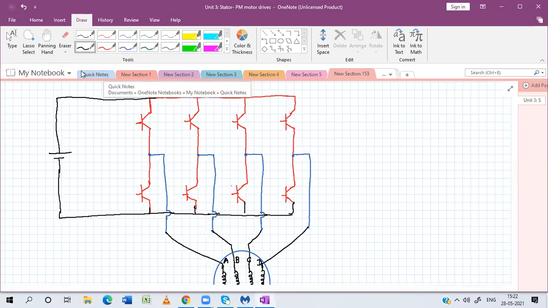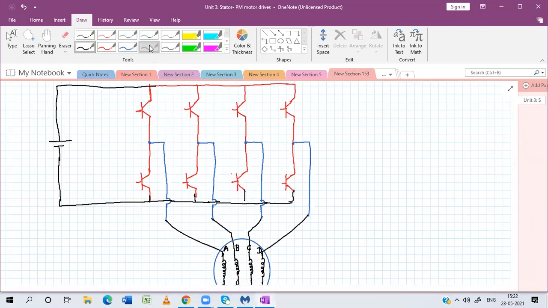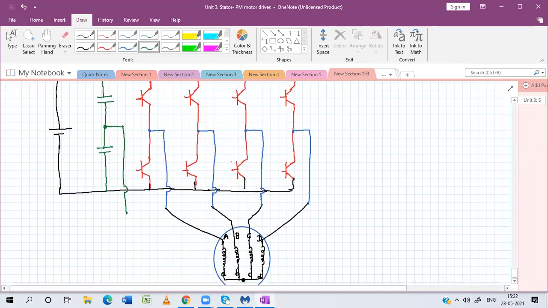And it is a split capacitor. So what we will do is connect the center point of the split capacitor to the neutral of the winding. Consider that here you are connecting capacitors, and the center point is connected to the neutral of the winding, like this.